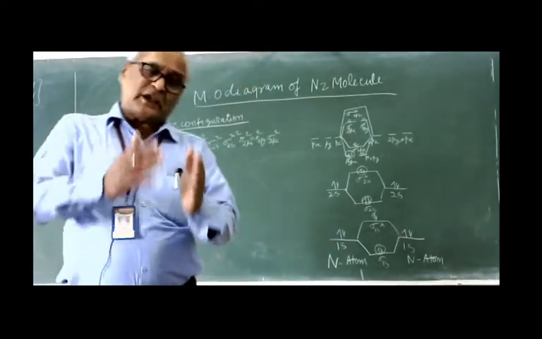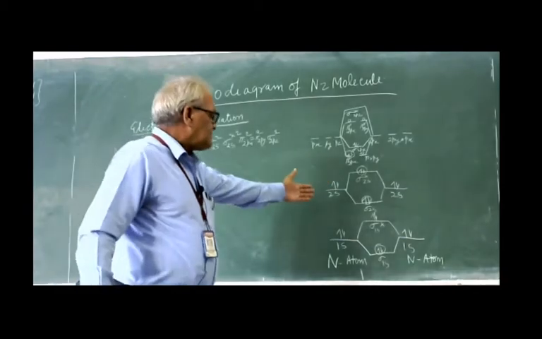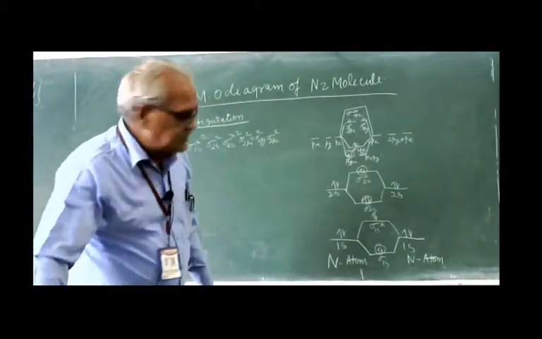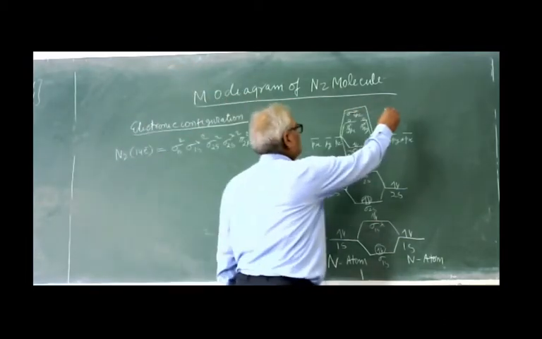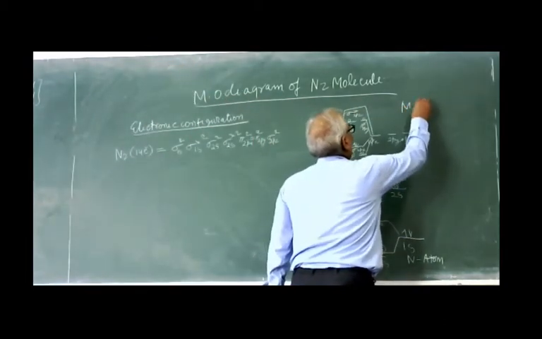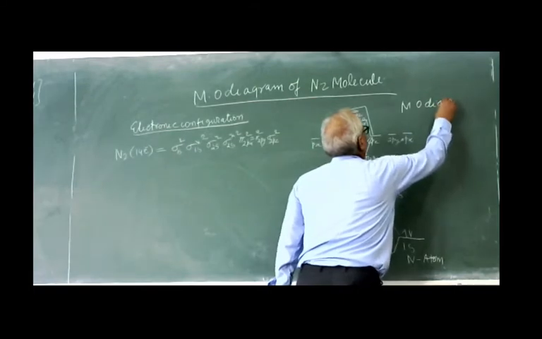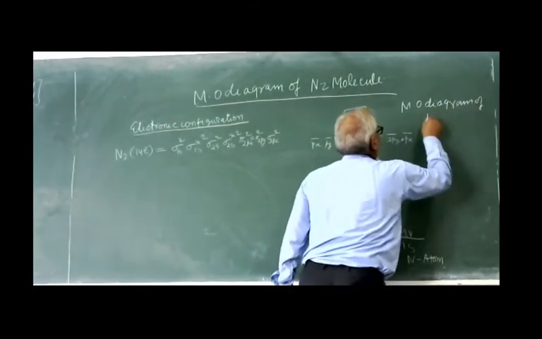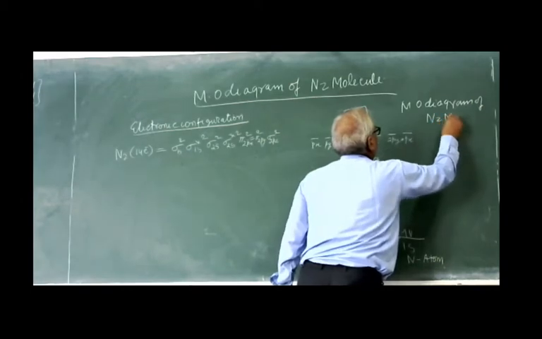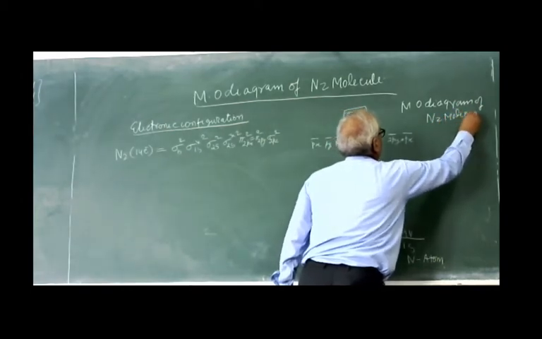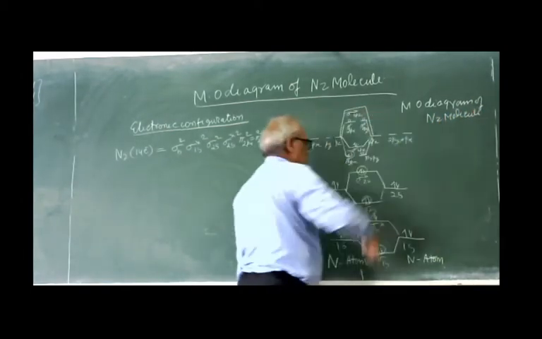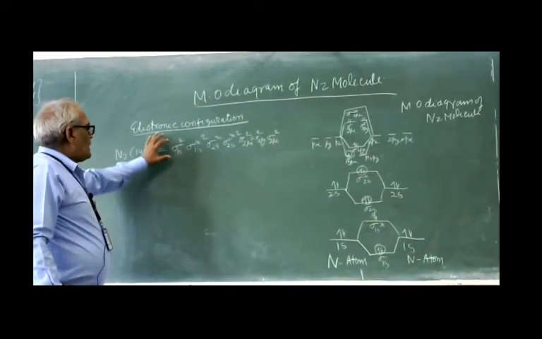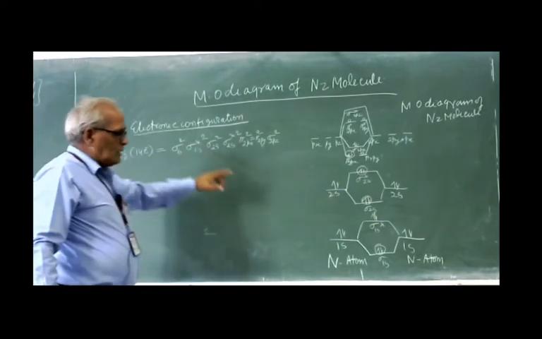The same thing has been drawn here. This is the molecular orbital diagram, the MO diagram of the N2 molecule. Just see here. This is sigma 1s2.